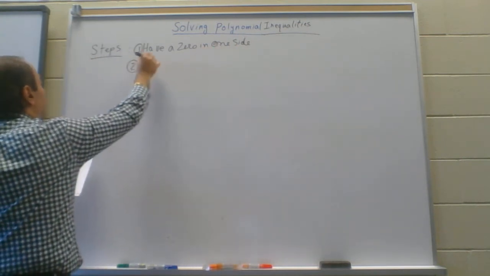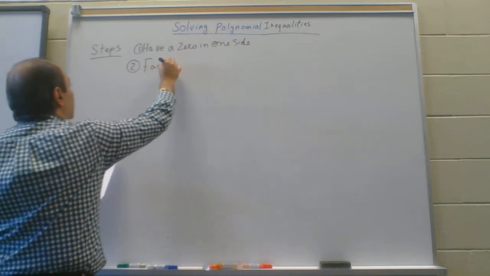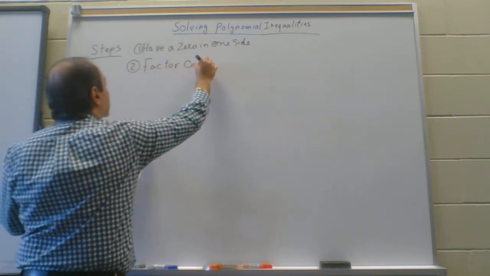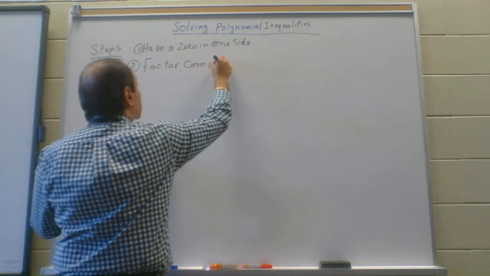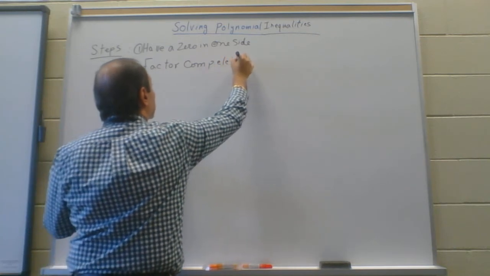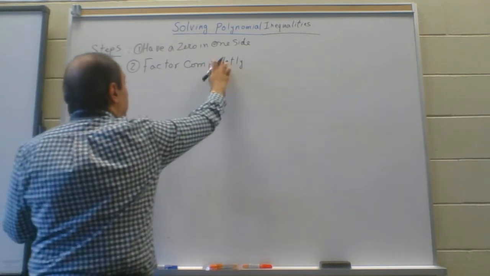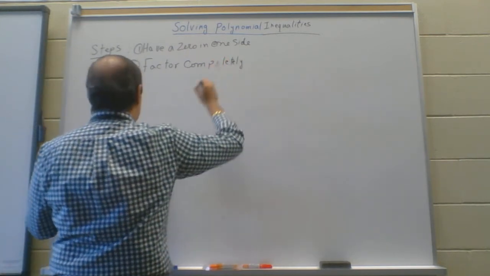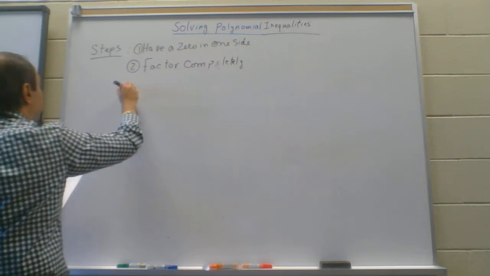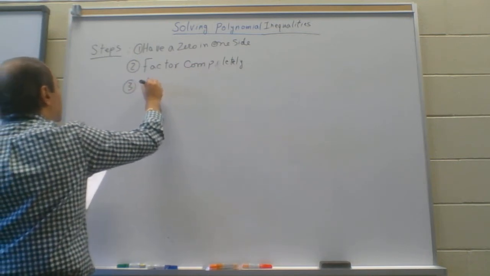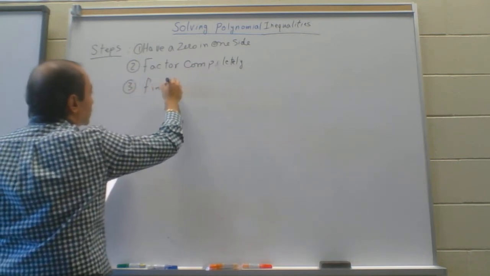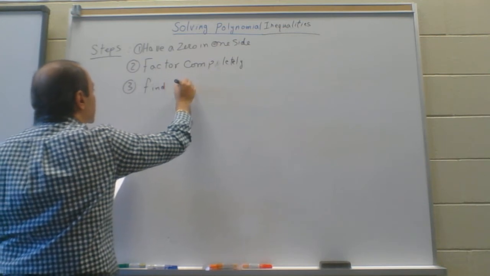The second thing, we factor completely. Then we find the zeros. So up to here, we are solving the equation.